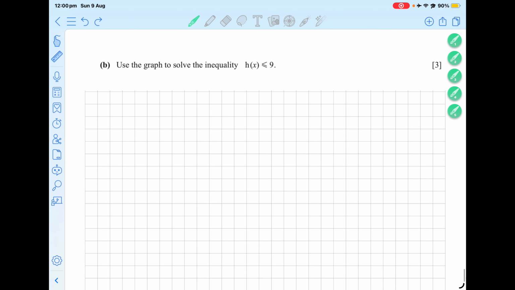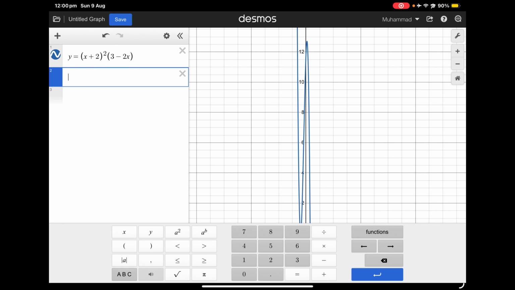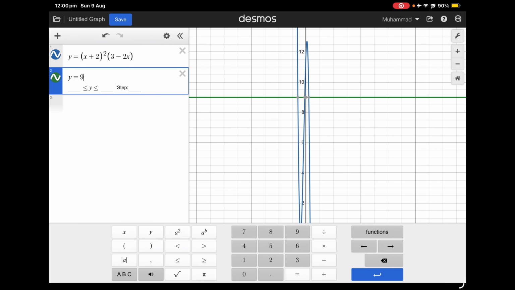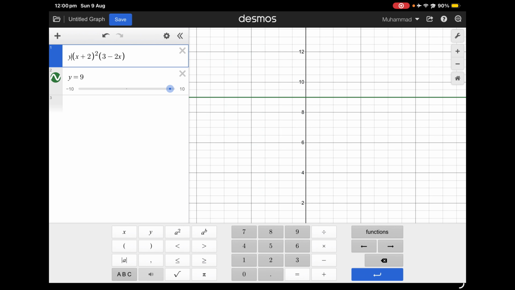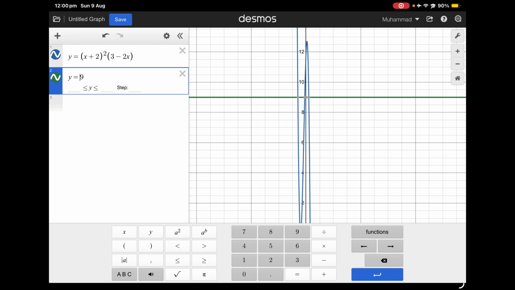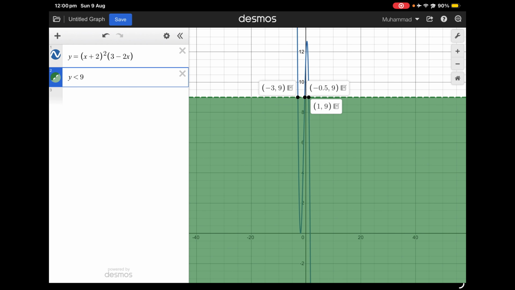So -3 is less than x is less than -1/2. Did I close decimals? No. So we will also check with this. So y is 9, so this must be, maybe let's put less than over here. So -3.5 and then 1, yeah.